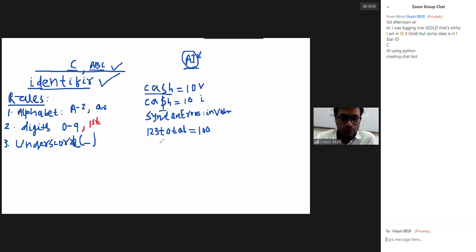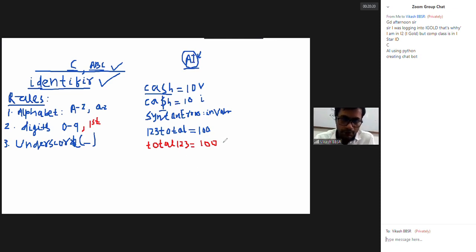Clear? Then you can write like this, total. So is it valid? Clear?